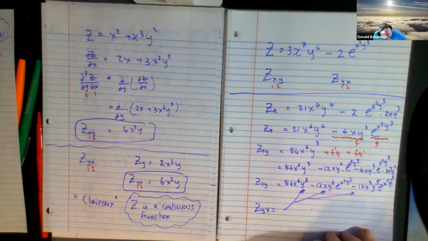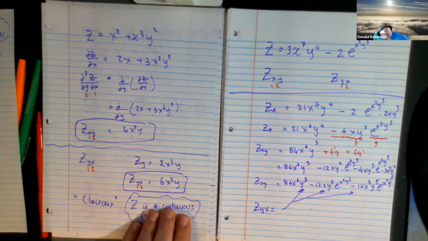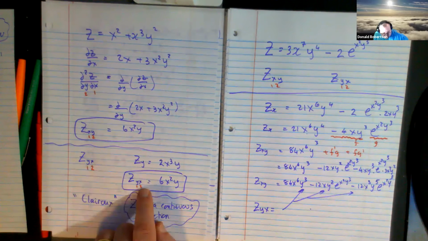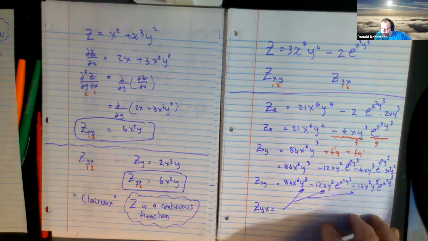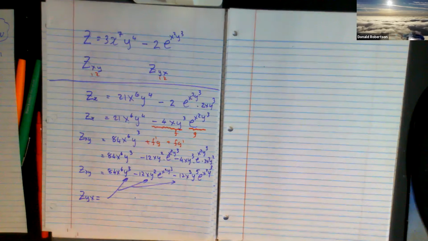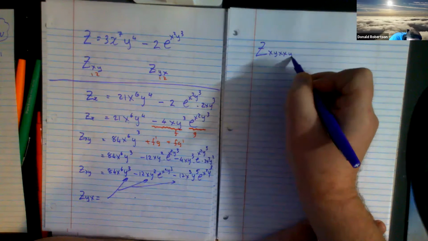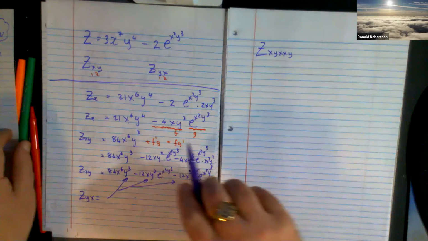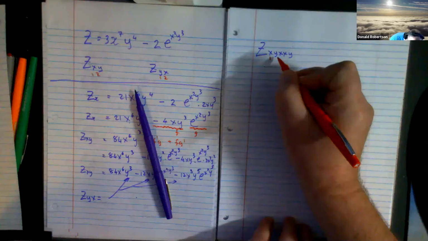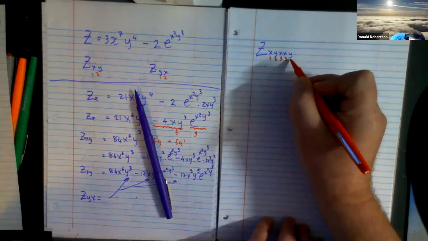Now, Clairaut figured out that if z is a continuous function, then you can find these two partial derivatives and they will always be the same thing. But he discovered something even bigger than that. Can you imagine doing a partial derivative like this? That means you do x first, whatever the answer is, partial derivative with y, then x again, whatever that answer is, x again, and then lastly a 5.